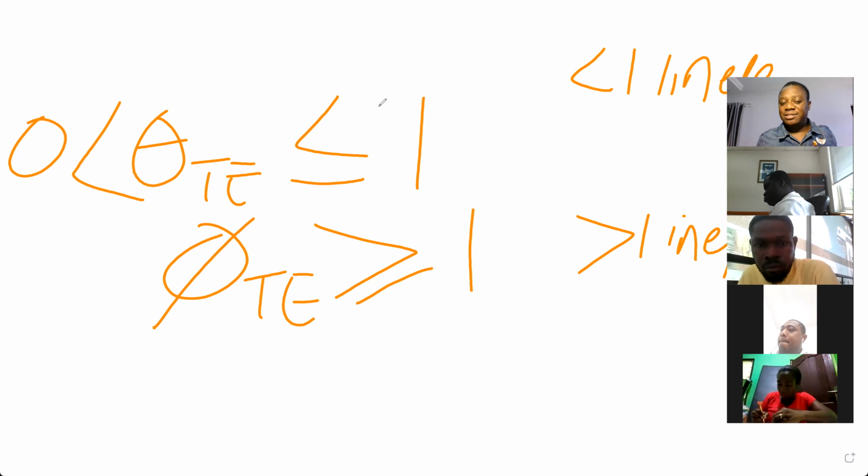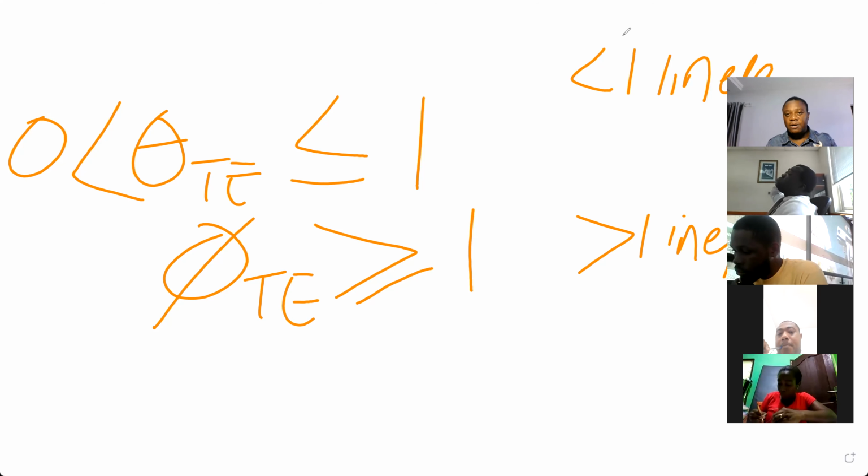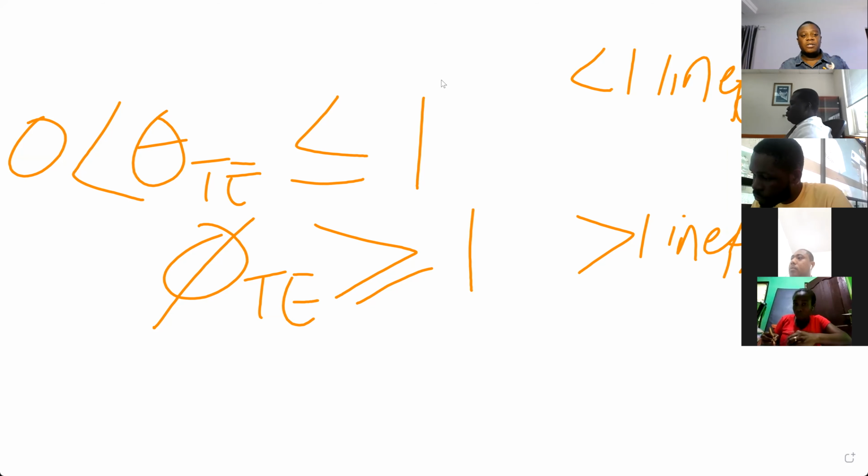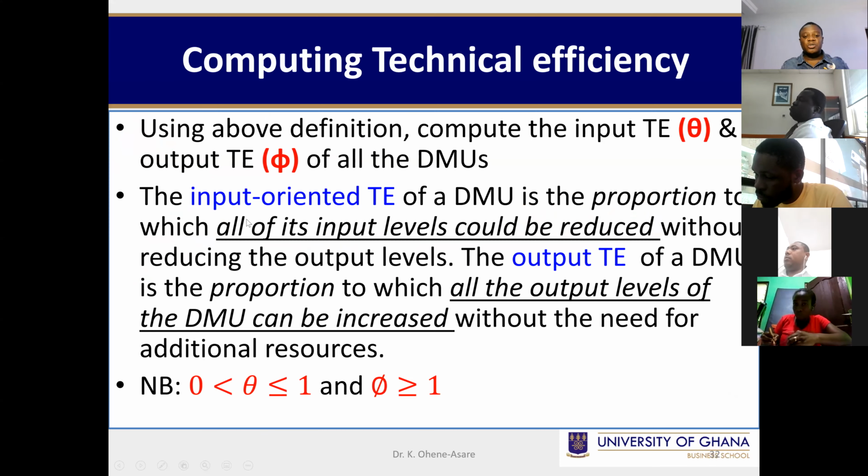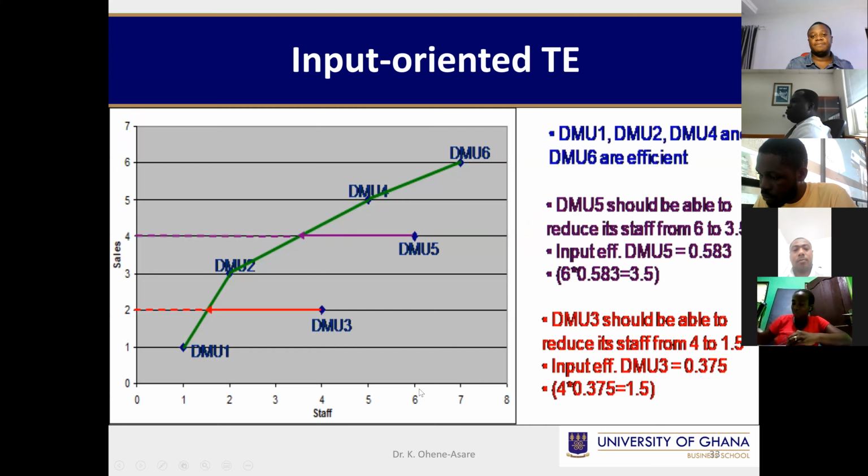We'll come to interpretation practically, when we use our software and I estimate and come to the interpretation. Any question? If you have any question, you can raise your hand. All that I said is in the notes here. Input efficiency, output efficiency, they are all there. You can see between 0 and 1, and then greater than 1.